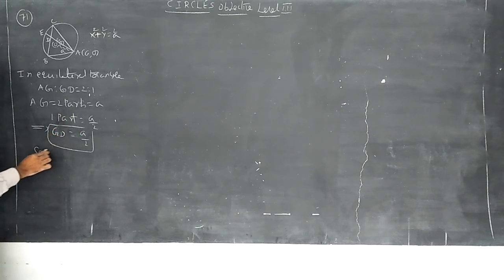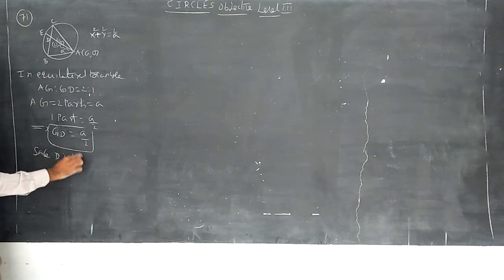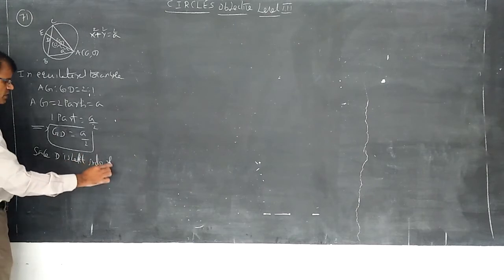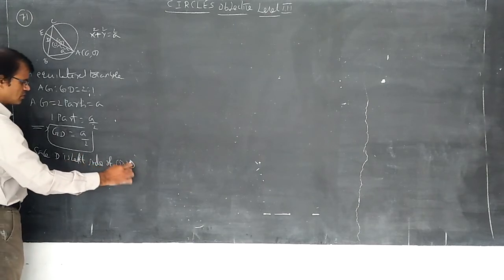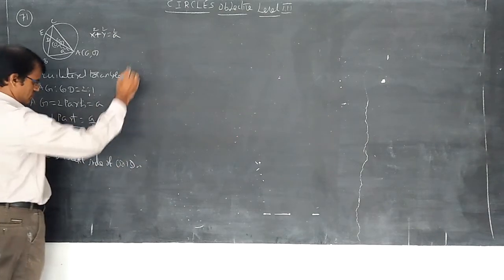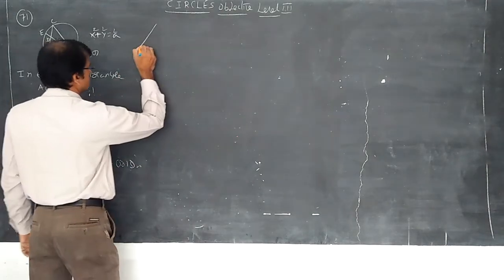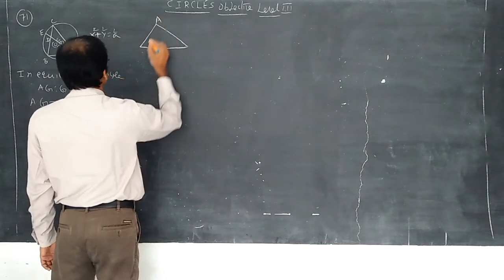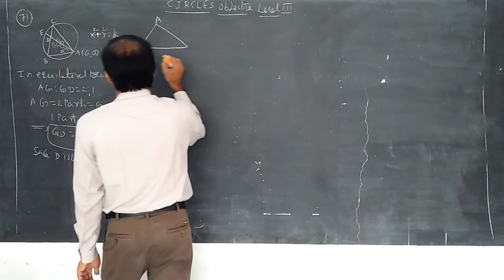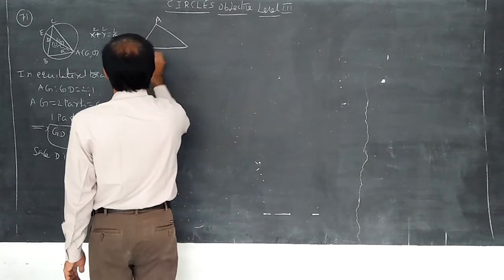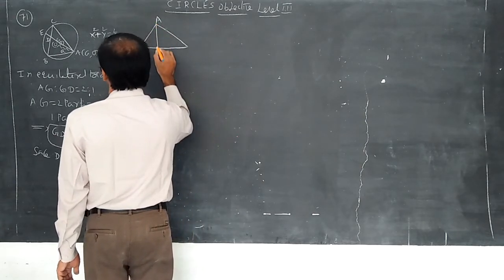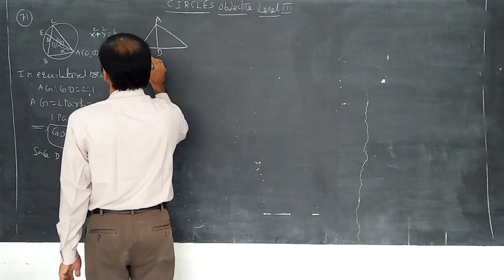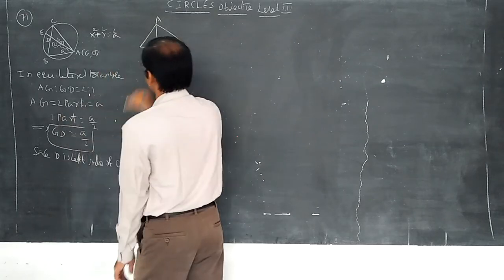Here one logical thinking is there: since D is on the left side of the origin, I want to explain it like this. Put A here. This is B. That is the equation.